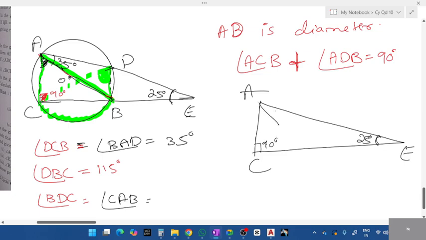One part of angle A is 35 degrees. What will be the other part? How will you calculate? 90, 25, 35, 180 minus, add up all these values. 90 plus 25 plus 35. You'll get the direct answer within 2 steps. 180 minus, what is 90 plus 25 plus 35?